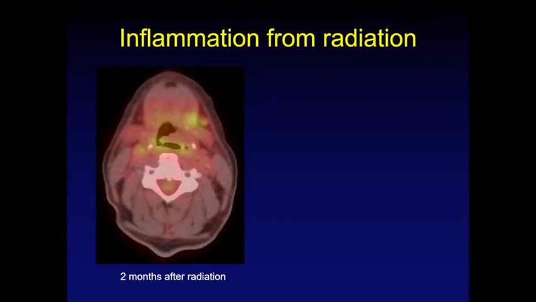Okay, this is an important point. Radiation causes inflammation in lymph nodes. I'm going to say that twice. Radiation causes inflammation in lymph nodes. At first glance, you might look at this PET CT and say, oh, there's some uptake in this left 1B node. That's pretty worrisome. I'm going to call that a NI-RADS 3. We're 2 months out from the conclusion of the radiation.